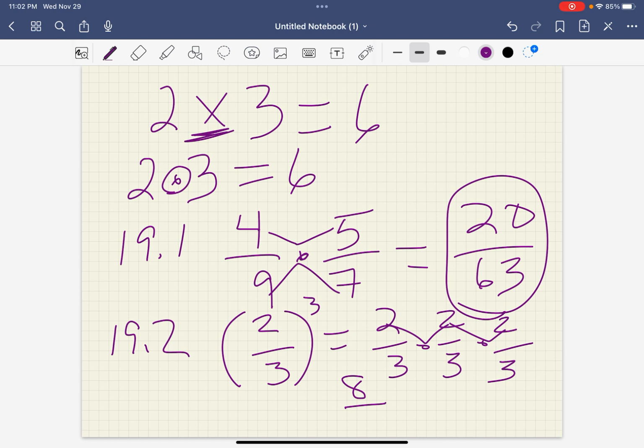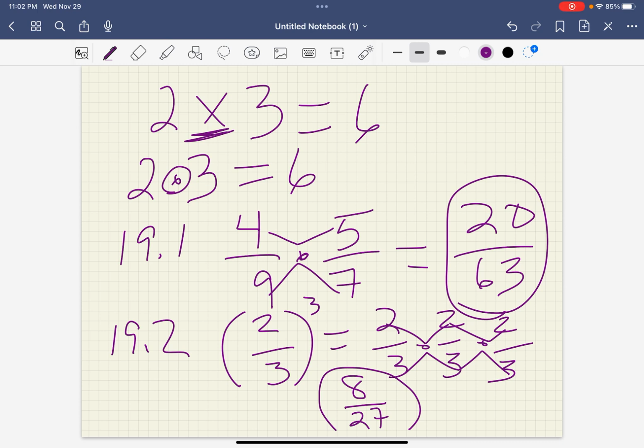And down here, 3 times 3 is 9 times 3 is 27. So it's 8 over 27. And let's see what they're trying to show you out of that.